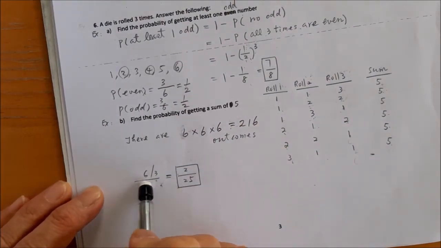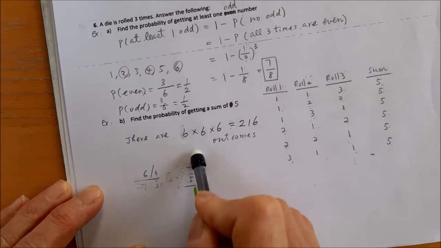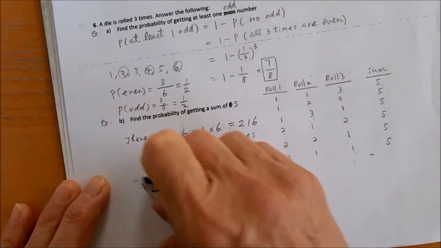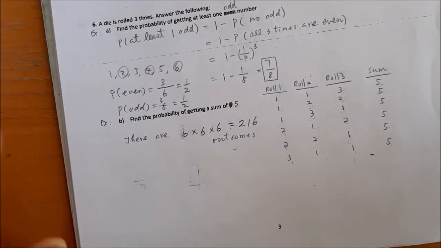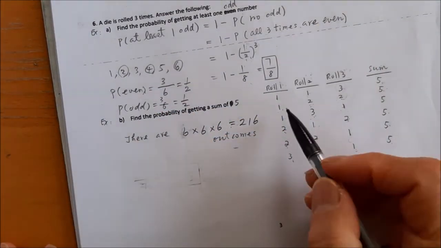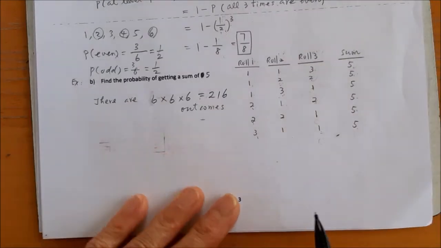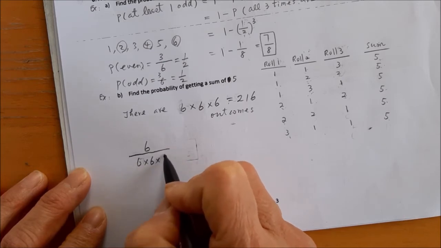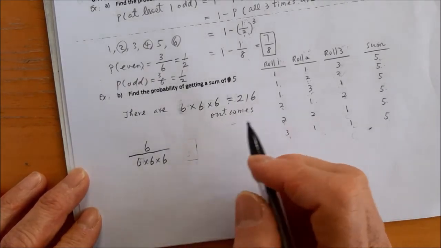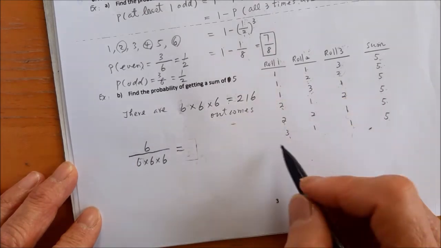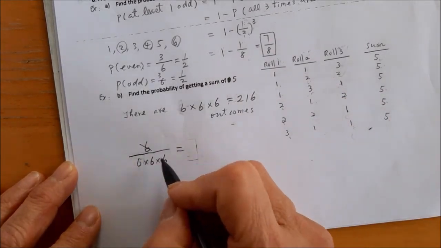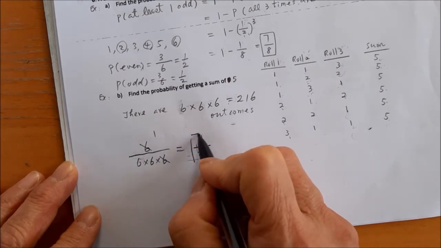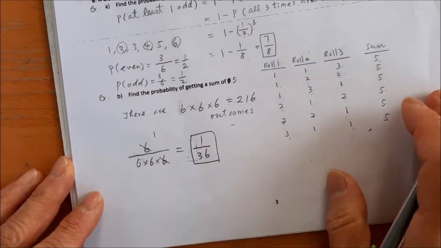Out of 216 outcomes, you have 6 outcomes where the sum is number 5. And you cancel 1, 6. So the answer is 1 out of 36. 1/36.